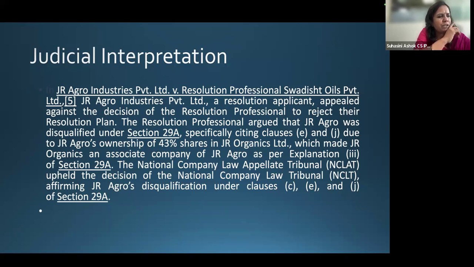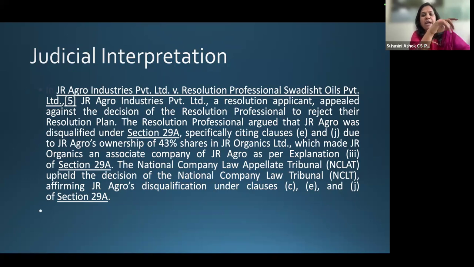at the time of submission of the resolution plan, has an account or an account of a corporate debtor under the management or control of the person whom such person is a promoter, or classified as an NPA in accordance with RBI guidelines, and the period of 1 year has not lapsed.